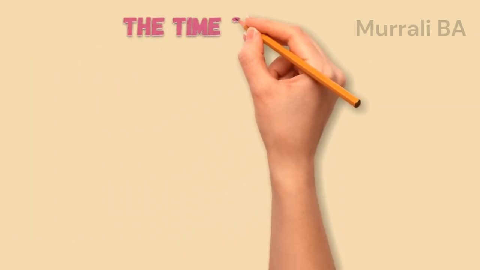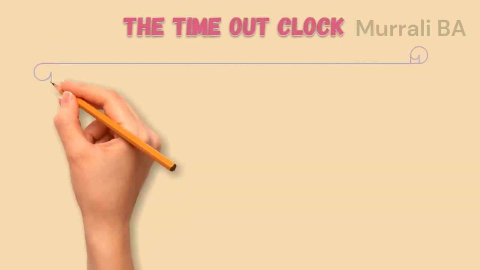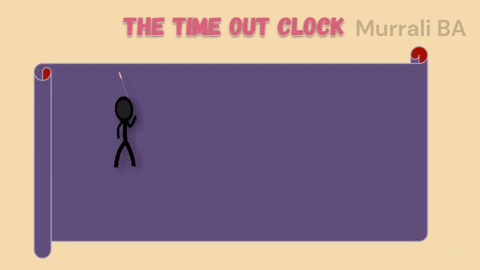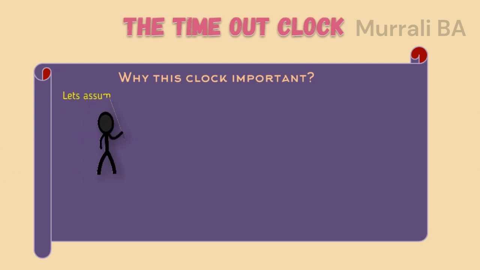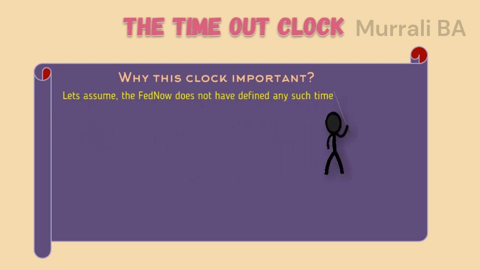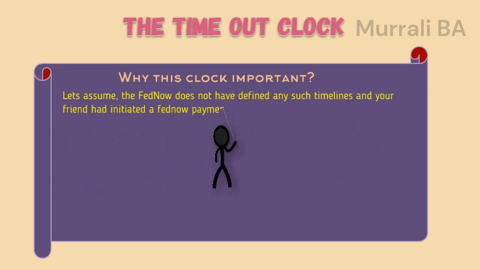Now let's try to understand why it is important. With the use of this clock, a deadline is set, because without a deadline it is impossible to define any process, and the same applies in payments also. Just as an example, let's assume the FedNow service has not defined any such timelines, and your friend has initiated a FedNow payment to you, but you have not received the money yet.